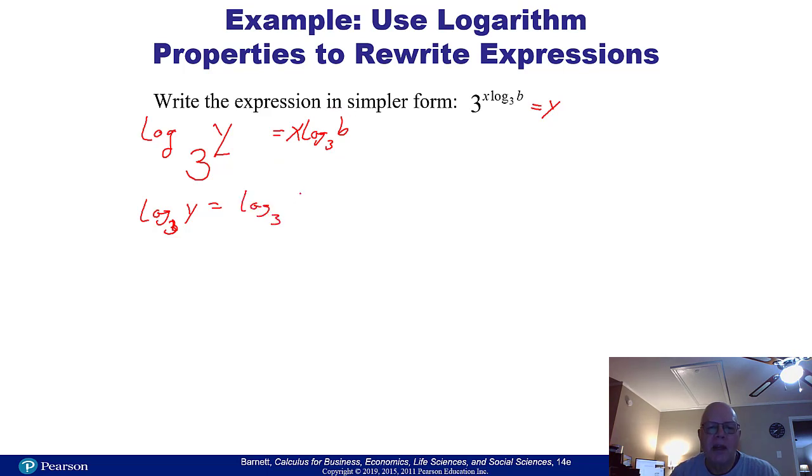Log base 3 of b to the x. I'm reversing that procedure that I had earlier when I brought the x out front. Now I'm bringing it back up. Now, both of these are log base 3, so this and this must be the same number. Y equals b to the x.